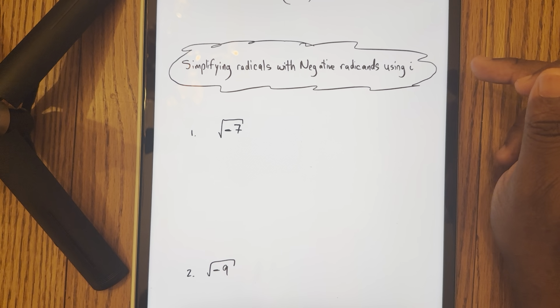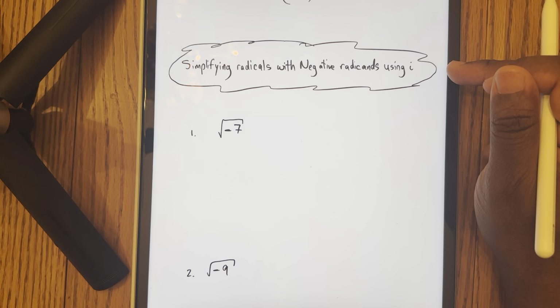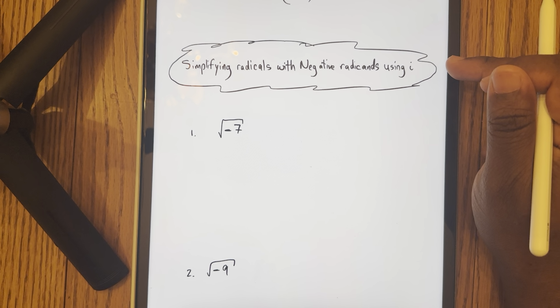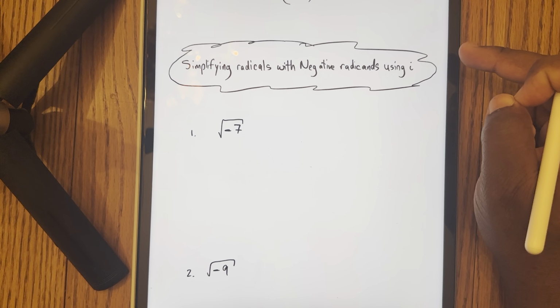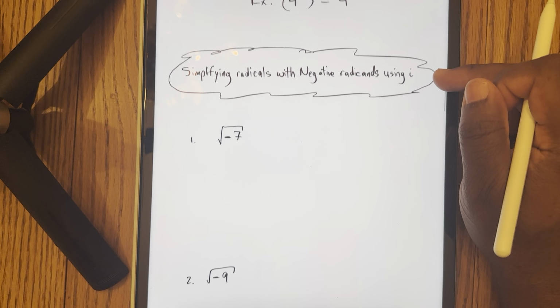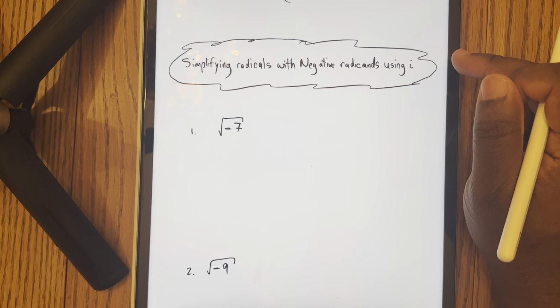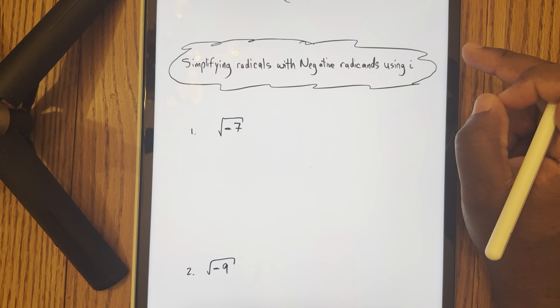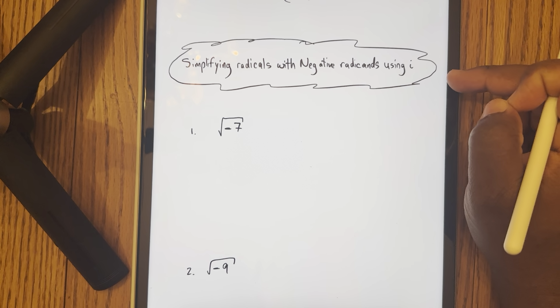All right, so here's an example of a radical that has a negative number underneath the radical, and how we can go about simplifying radicals with negative numbers. So like I said, you can't take the square root of a negative number.